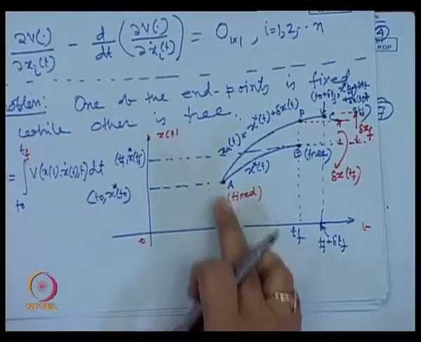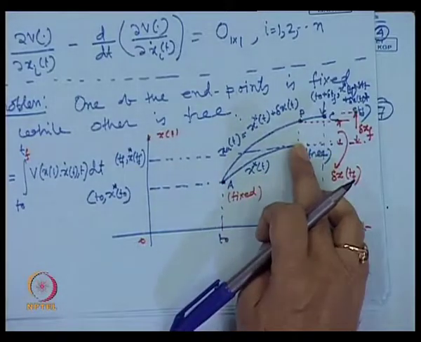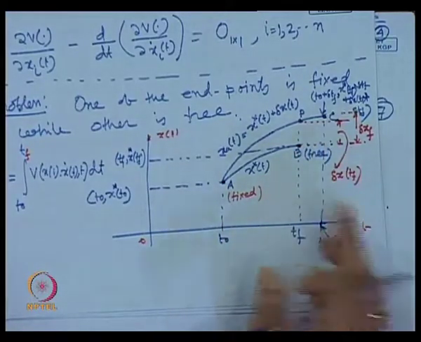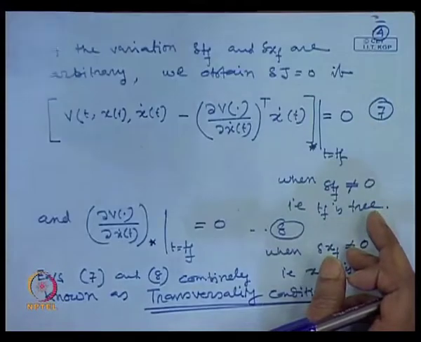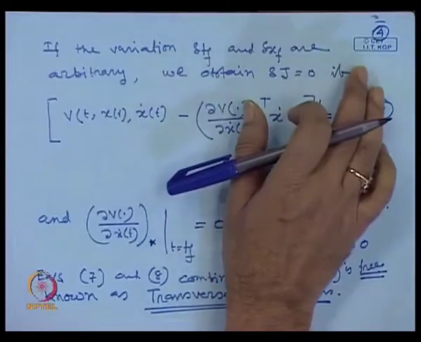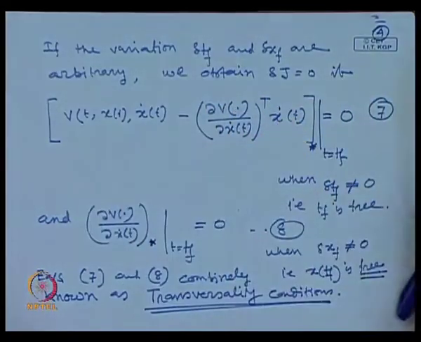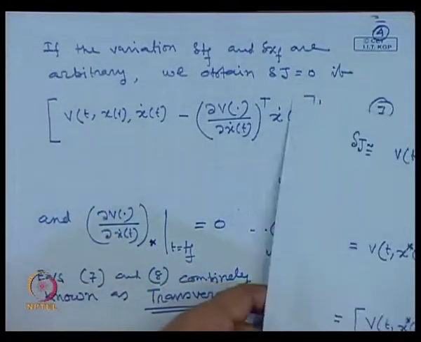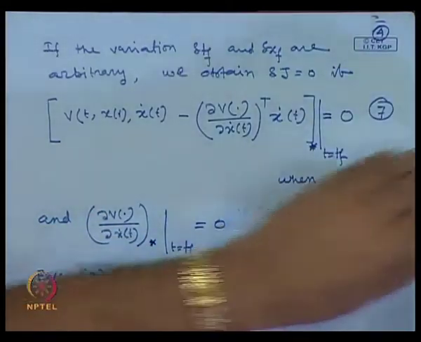We have considered one point fixed, the other point free, and when time is free and x of T f is free, both are free. Then, the necessary condition is that the first variation of the functional must be 0. In order to assign the first variation of the functional 0, the first condition is the Euler Lagrangian equation.